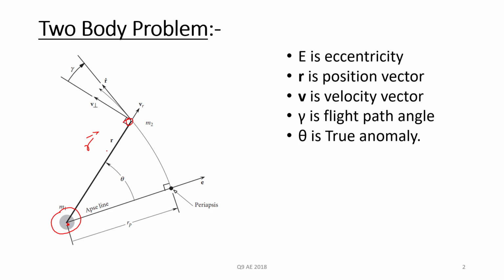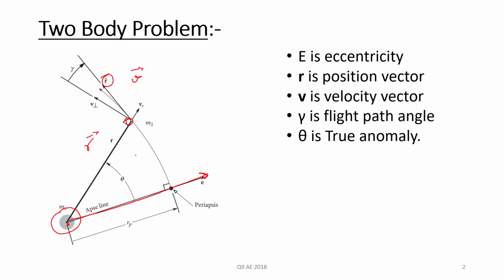This r vector makes an angle theta with the eccentricity vector, whose magnitude is called eccentricity, and the velocity of mass m2 is given by r dot or the v vector.